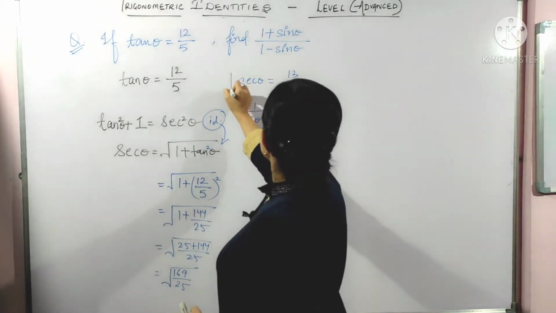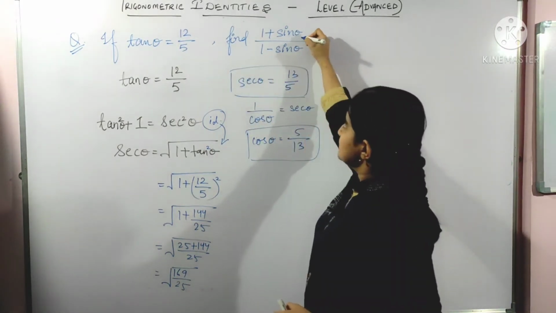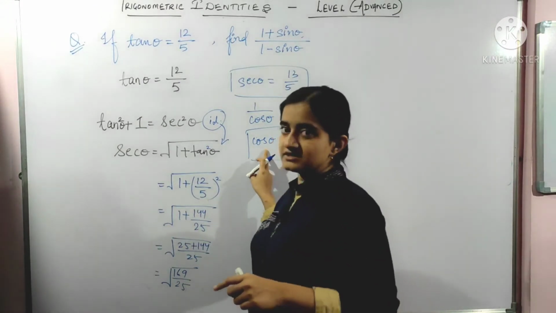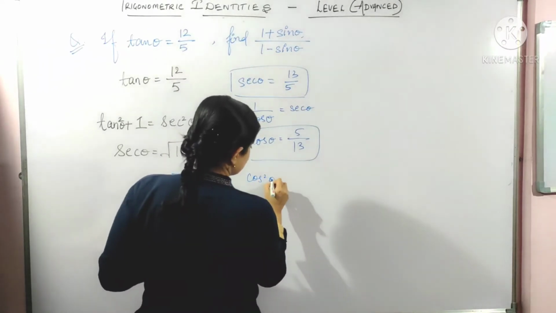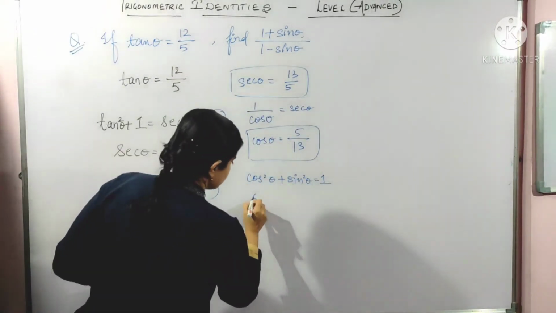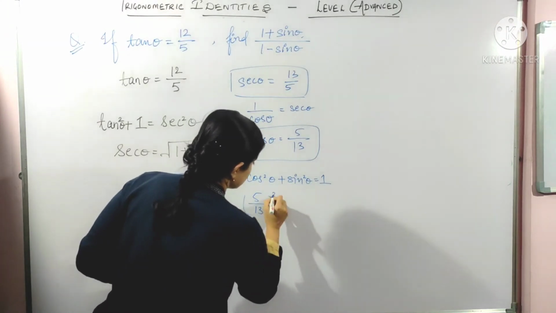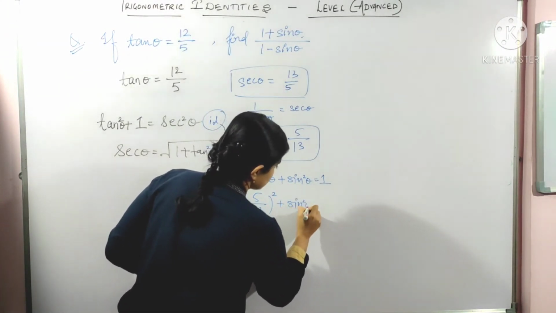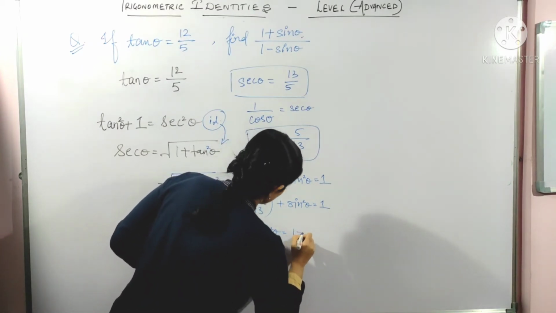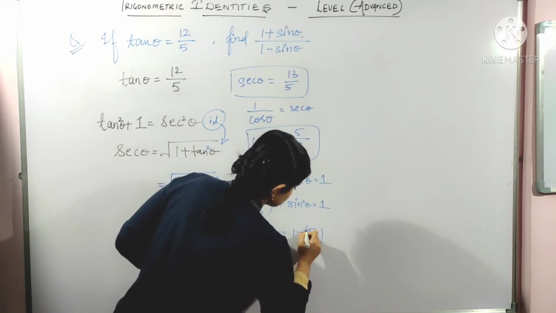But still sin theta is unknown, so we have to find sin theta. Cos theta is known to us, we can now use cos square theta plus sin square theta equals 1, and 5 by 13 square plus sin square equals 1. Sin square theta equals 1 minus 5 by 13 square.